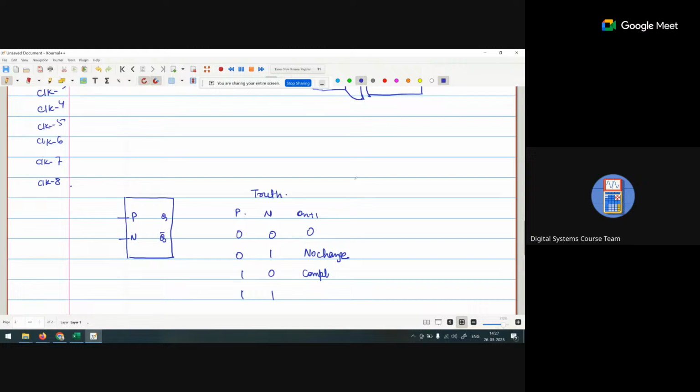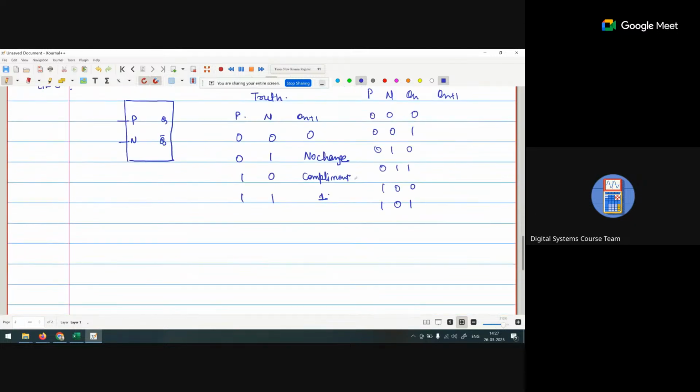Okay, so if I draw a truth table between P, N and Qn plus 1: 0 0 0 gives 0, 0 0 1 gives 0, 0 1 0 gives 0, 0 1 1 gives 1, 1 0 0 gives 1, 1 0 1 gives 0, 1 1 0 gives 1, and 1 1 1 gives 1.